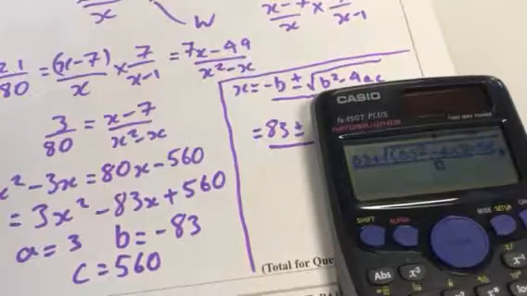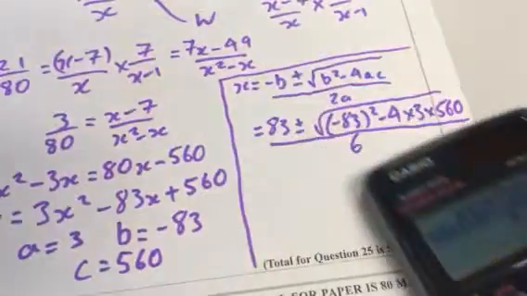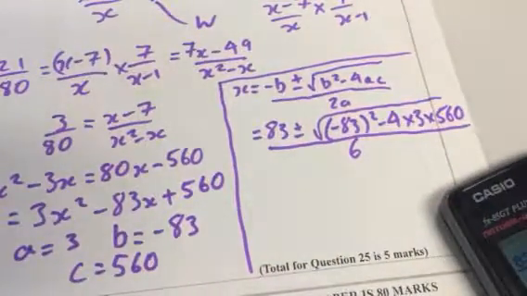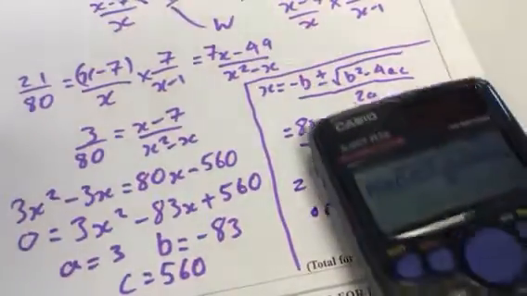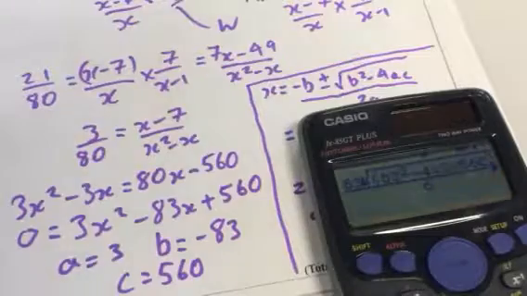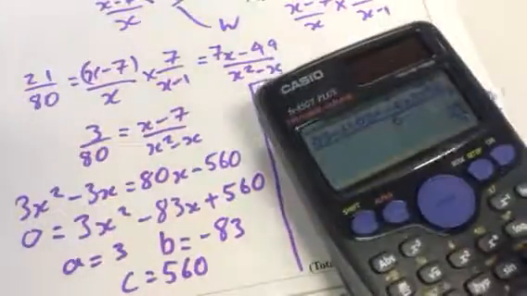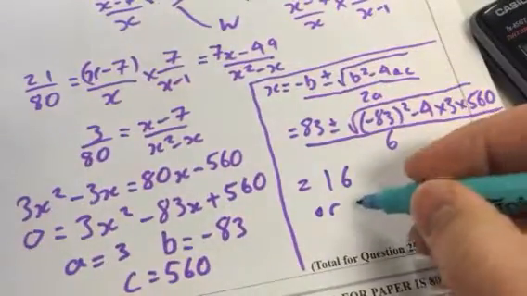And then I go to the denominator, divide by 6, and I get an answer of 16. Could have taken certain steps to do that. But there are two answers to that. That's the positive. And the negative gives me 35 over 3, which is 11.6 recurring.